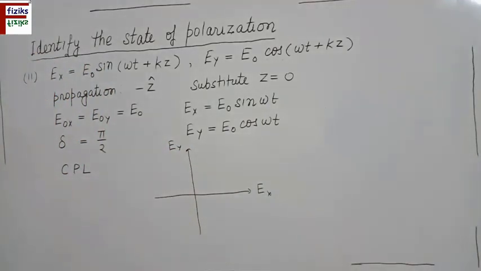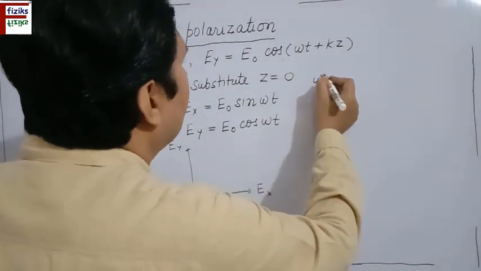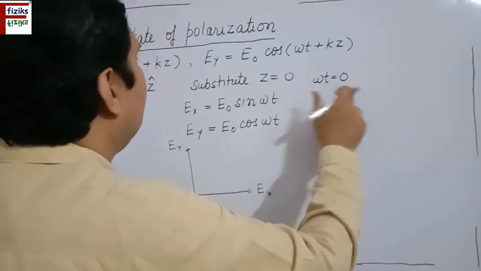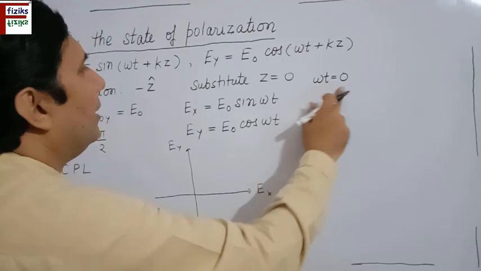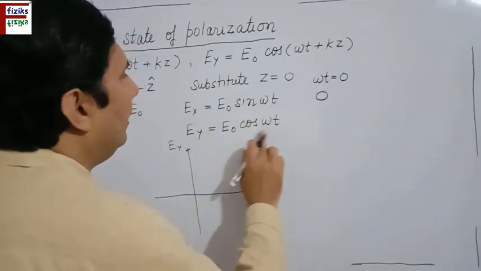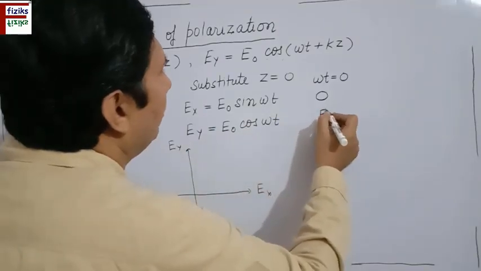Now we will draw the electric vector at two different times. First I am assuming that omega t is equal to 0. When omega t is 0, Ex will be 0, and cos omega t will be 1, so Ey will be equal to E naught.